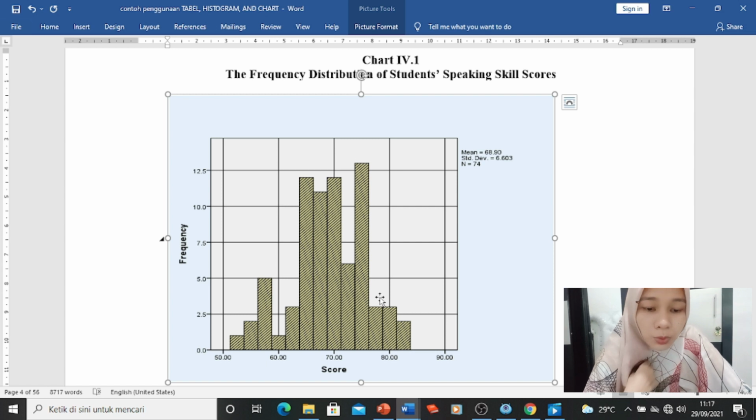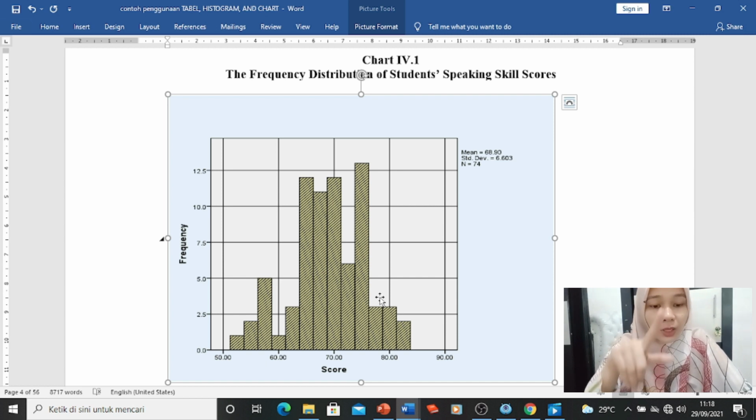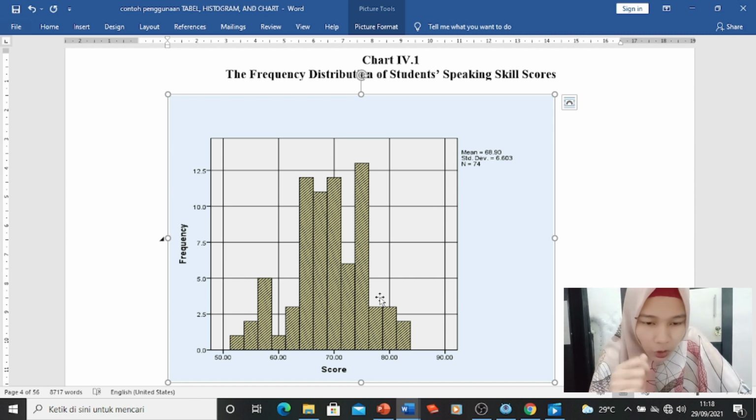Do your analysis for it, and please mention the priority, which one is the dominant, the most noticeable one within the chart, and start with that.